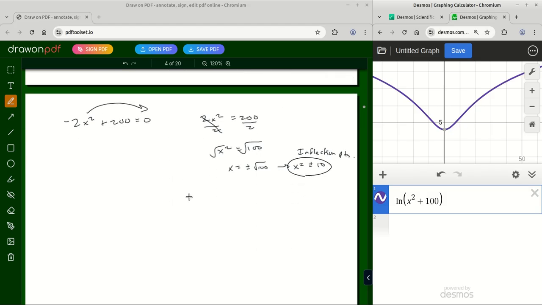So how do I say that now? Again, my graph looks kind of like this, and I'm looking at these inflection points. So this is up, and this is down, and this is down. Concave up would be from negative 10 to 10.